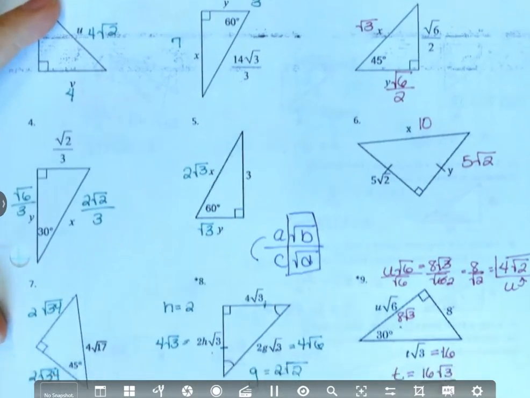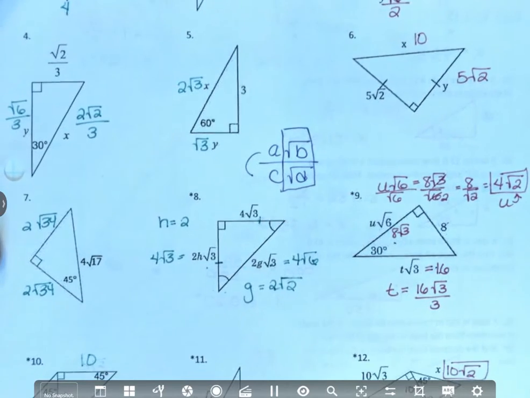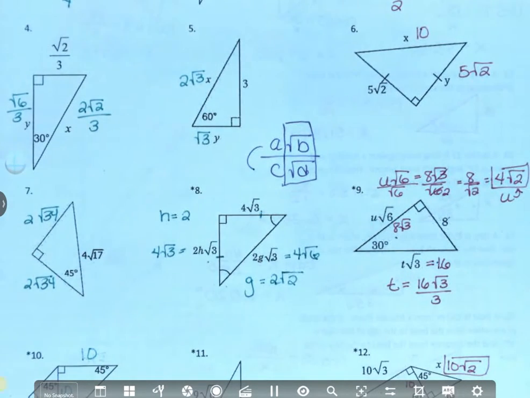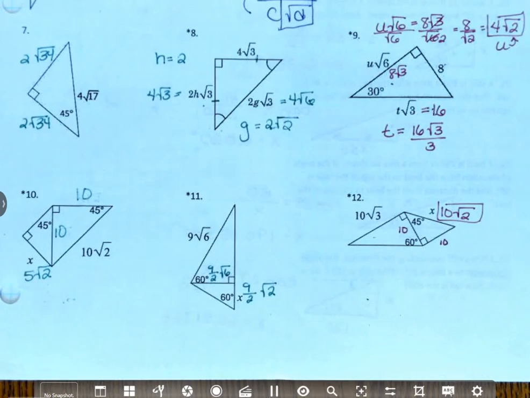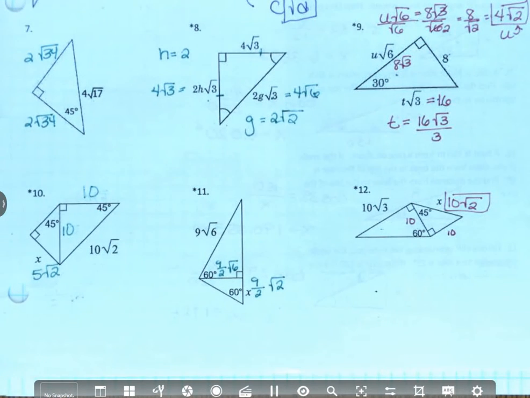So I'm just going to scooch it up a little bit. All right, so any of those problems, 1 through 12. Yes. Number 2.